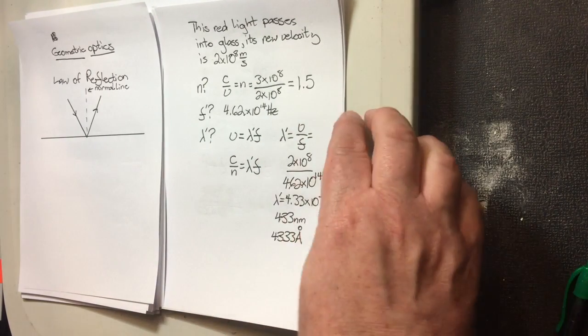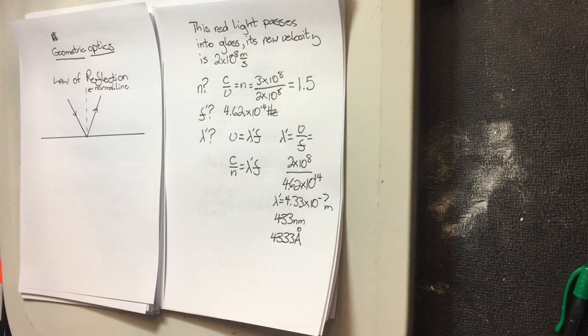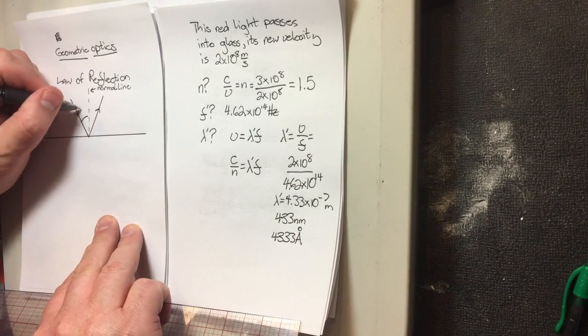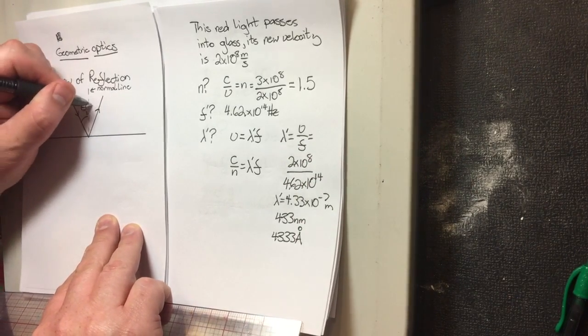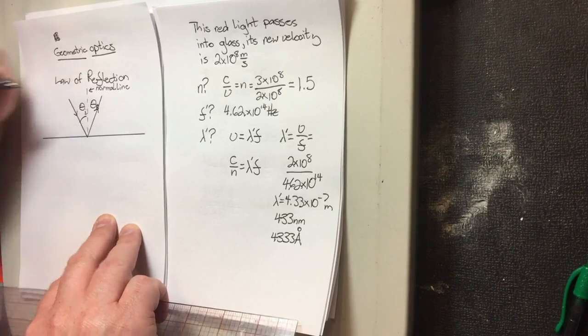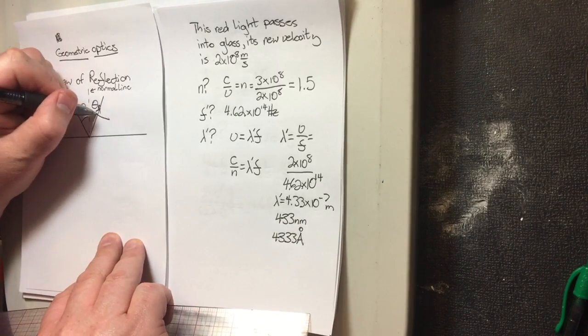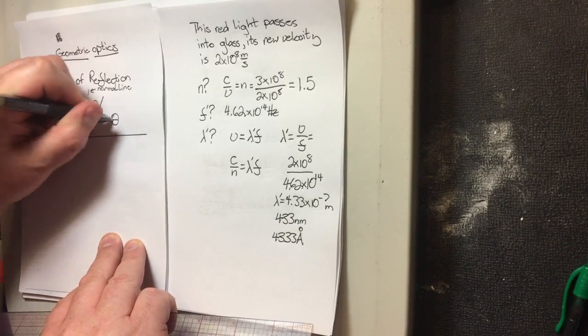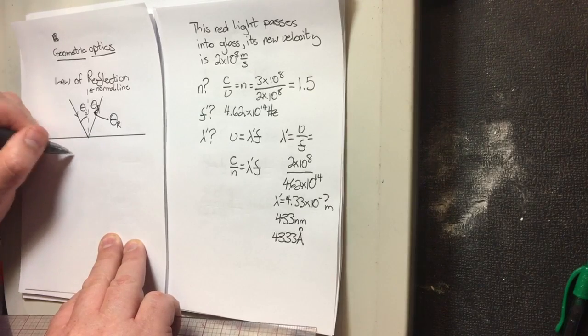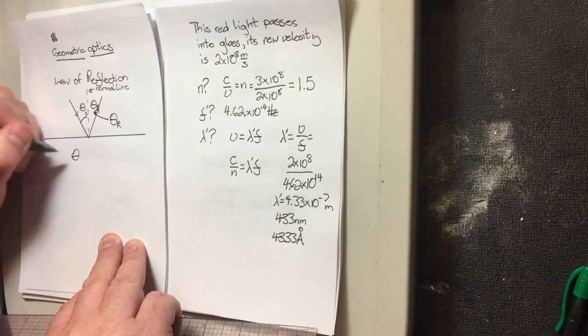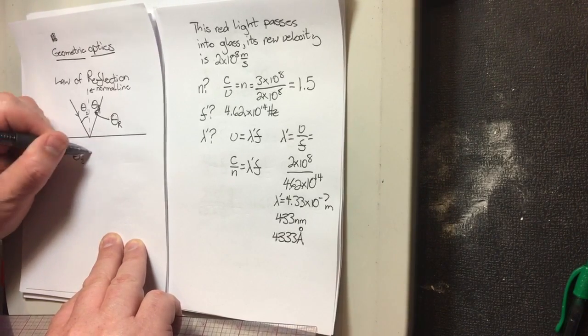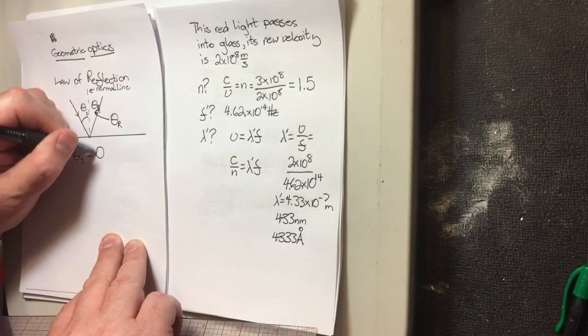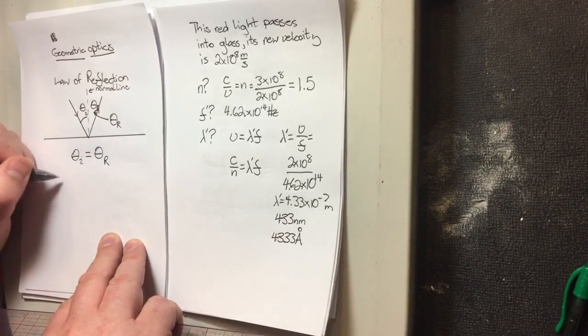Now granted, I can look at these lines and go, this looks horrible. But the law of reflection says that theta sub i is equal to theta sub r.